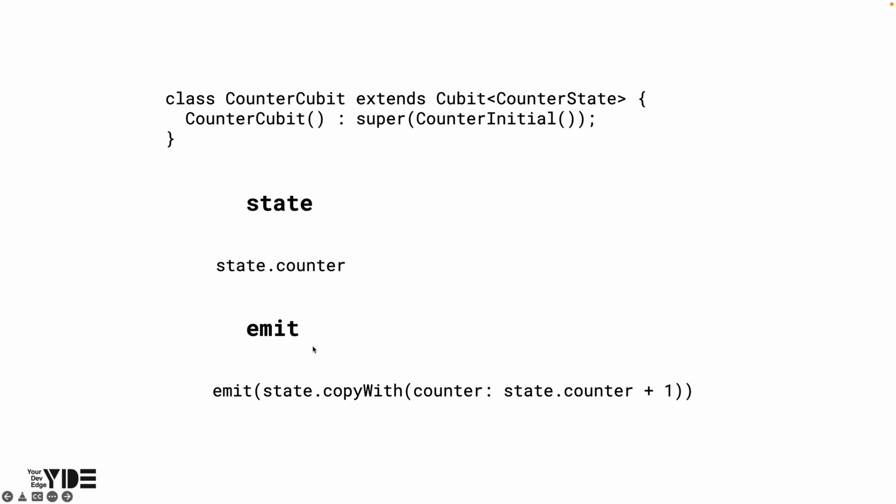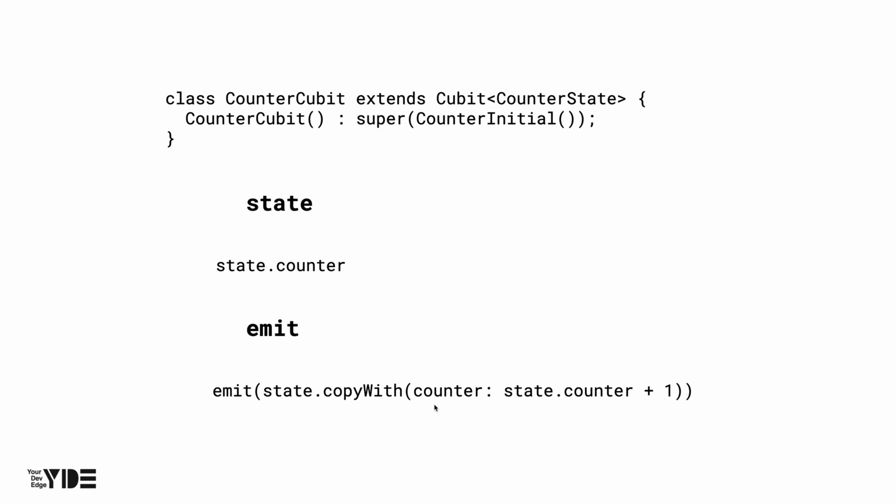So the state of CounterCubit becomes an instance of CounterState. And if you need to access the counter value, you can access it in the form of state.counter. And a new CounterState can be created using CounterState's copyWith method. The copyWith method creates a new state without mutating the existing state. When you create a new state every time, there is the advantage of making it easier to track the state.